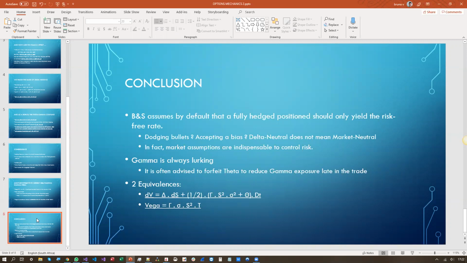It doesn't work anymore. But if we assume that you have the perfect hedge over a large range in price of the underlying, Black-Scholes will always assume that if you hedge your portfolio perfectly, you cannot get more than the risk-free rate. It's almost like a zero-sum game.